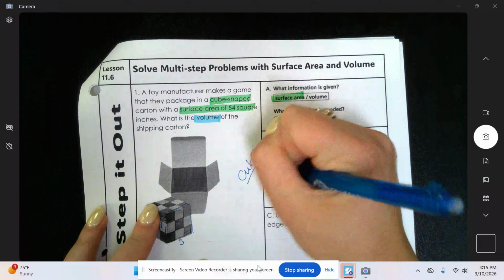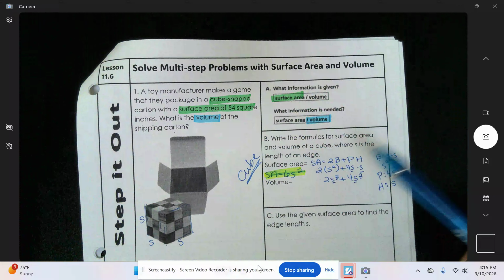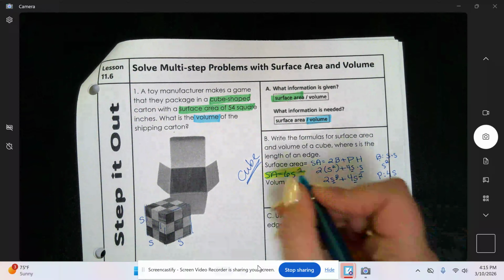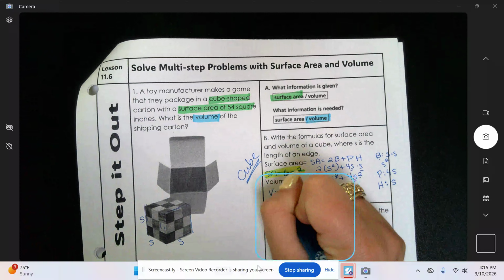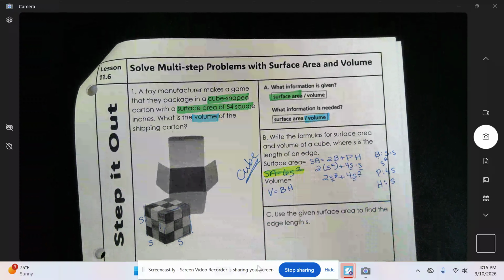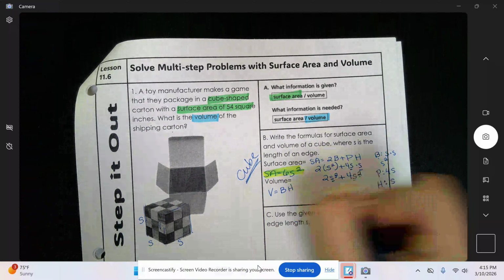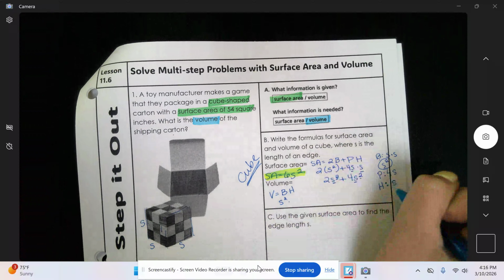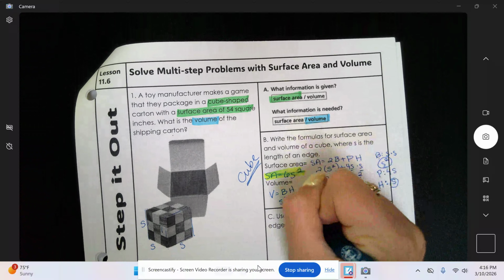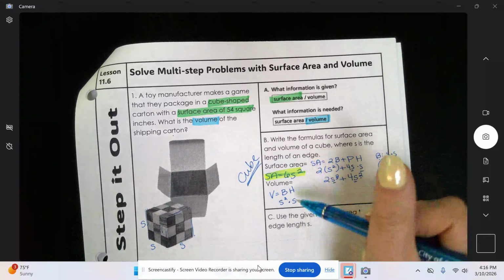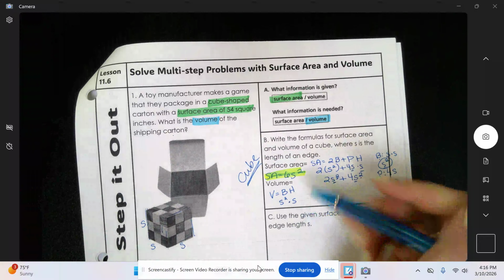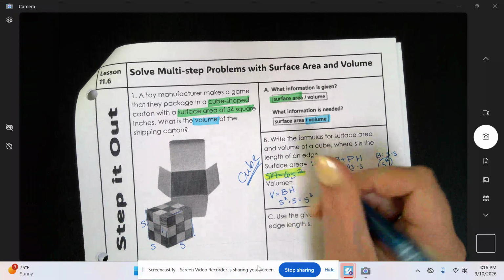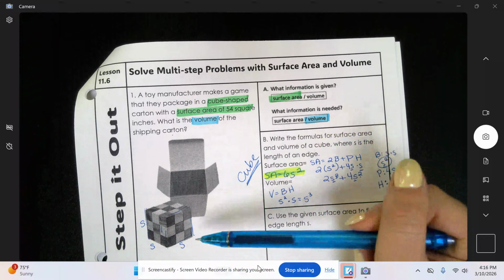Okay, this is important. Well, we can use that same information to find the volume of a cube. So remember, volume is area of the base times the height. Well, my base that we found is S squared times my height, which is S. So now I have an S squared and an S, which would combine to give me S cubed, hence the reason it's called a cube.